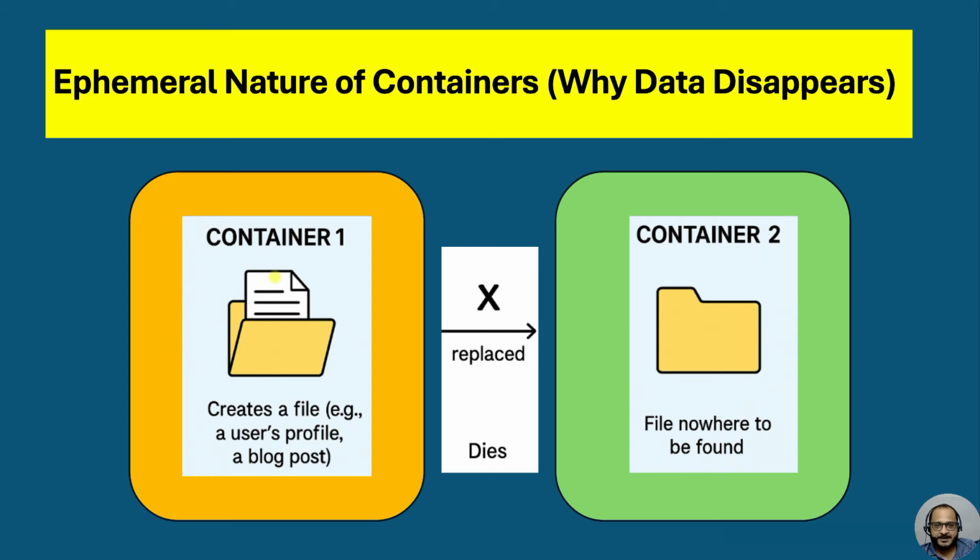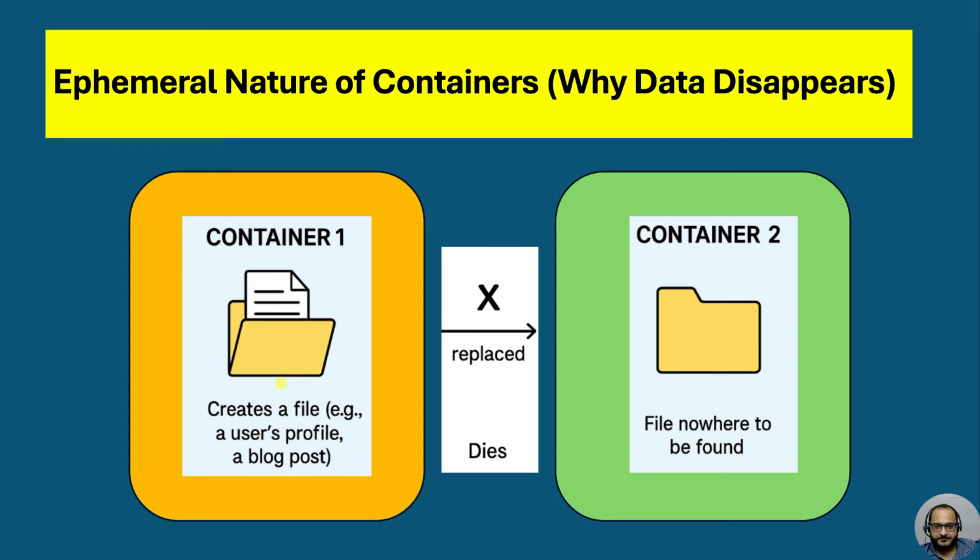And in that duration, if we write or create any file inside the container, and suppose container 1 crashes, then whatever data we have written or files we created as part of container 1 will be gone. Because Kubernetes will create a replacement, a new container for us. So whatever we have in the existing container, all the data will be lost. That's the nature of containers, so we can't do anything here.